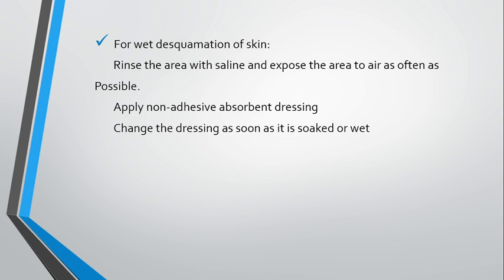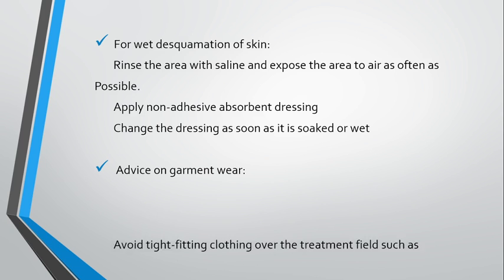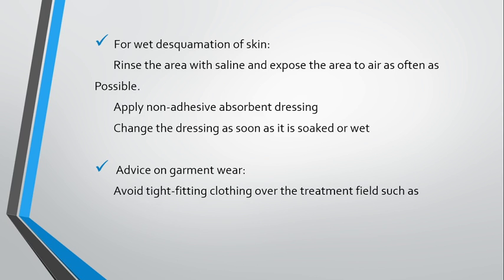Since it's an absorbent dressing, you have to advise the patients to change the dressing whenever it becomes soaked. When it comes to clothing, you should advise the patients to avoid tight fitting clothing, especially clothing that will be too tight over the treatment fields, such as tight brassieres, tight girdles, or belts.